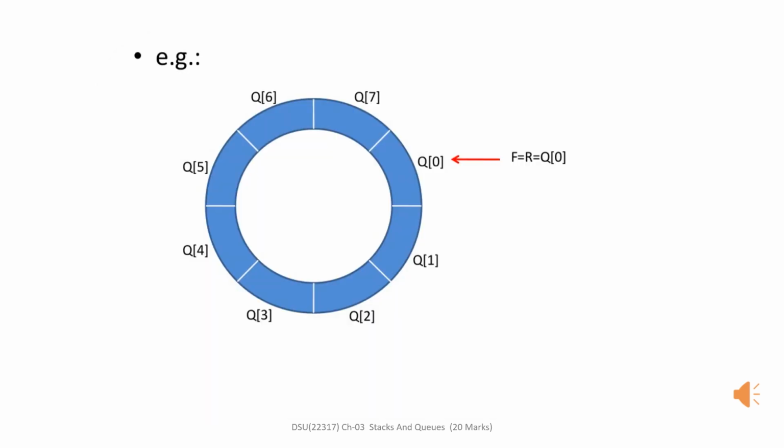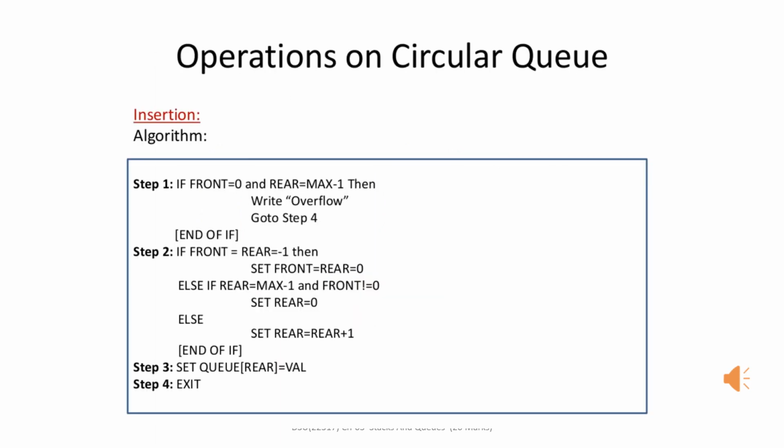This is the example of a circular queue. In this circular queue, front is equal to rear is equal to queue of 0. See, this is the algorithm for insertion. Step 1, if rear is equal to max minus 1, then write queue overflow, go to step 4, end of if.